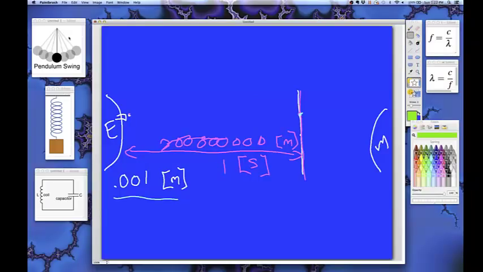Let me pick a different color here. So we know that it is, let's say the potential energy is, let me pick a pen, the potential energy, so that I'll do the potential energy making it small and the kinetic energy making it big. So it's continuously sloshing between potential and kinetic energy.